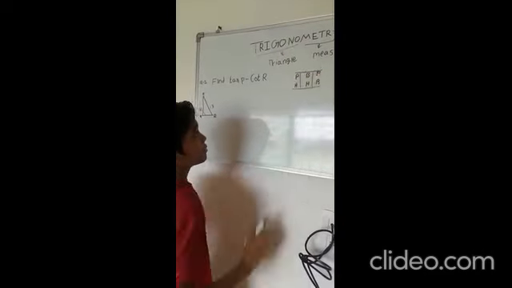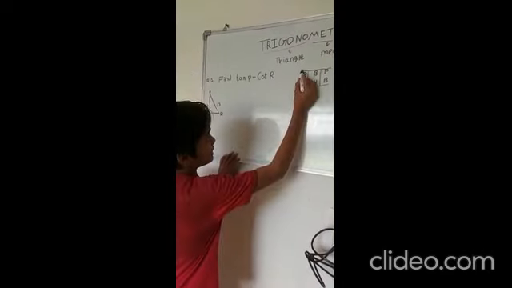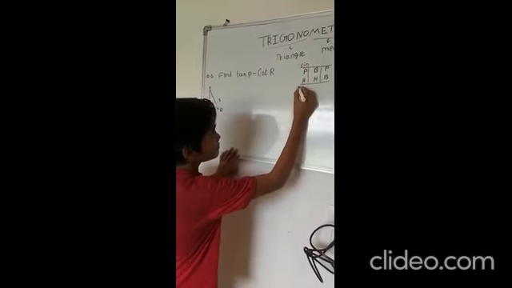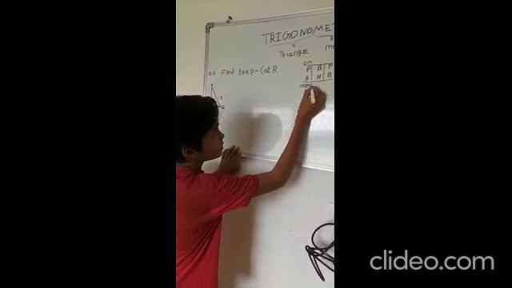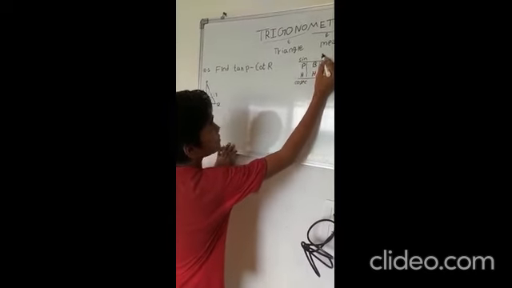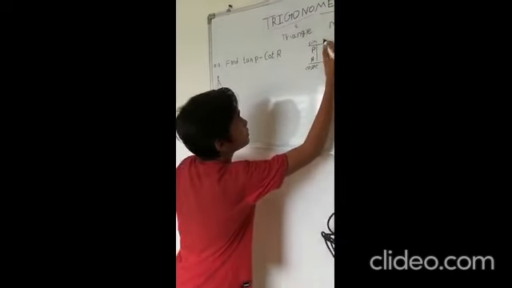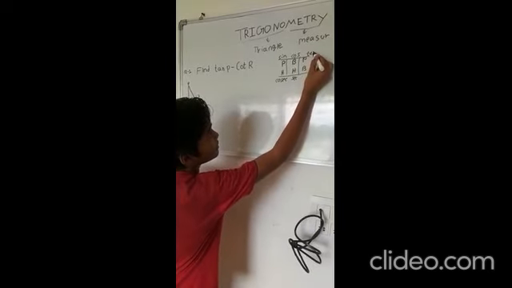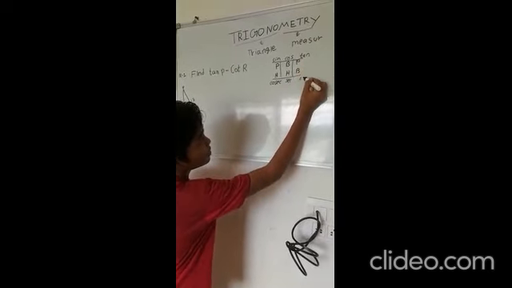That is a formula. P is sin, H is cosec, B is sec, P is tan, B is cot.